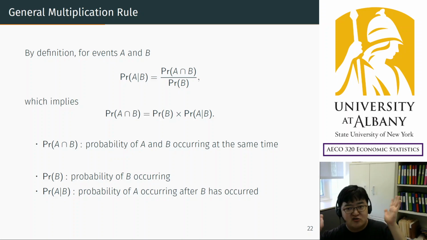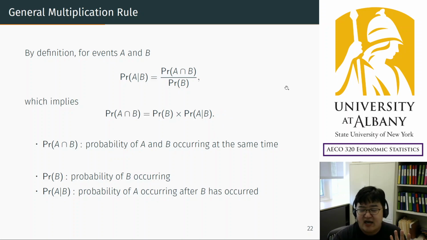For example, just to conceptually understand. On the other hand, the right-hand side you may understand as a sequential happening. Like first, we calculate the probability of B: I check if B is true or not. And then after B has occurred, I will calculate the probability of A. Right?